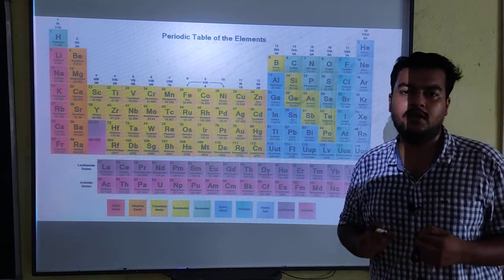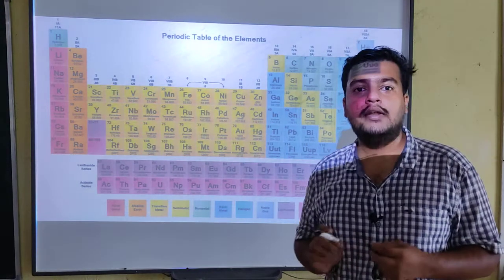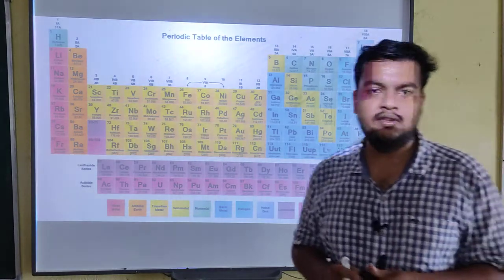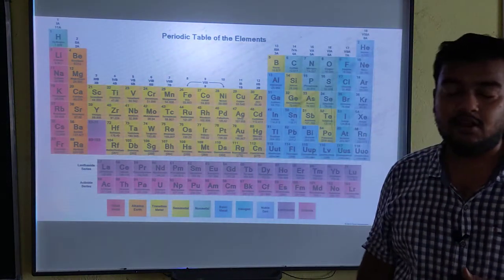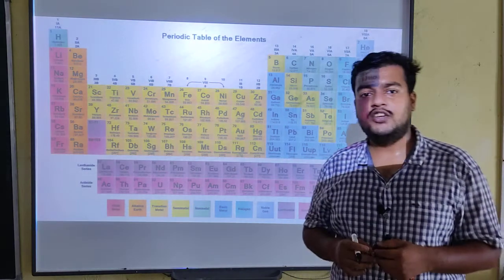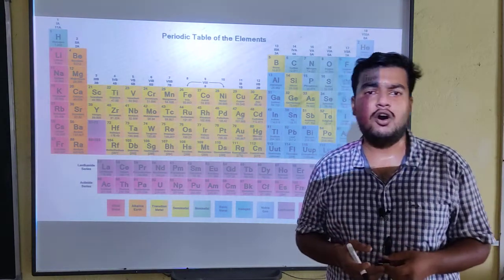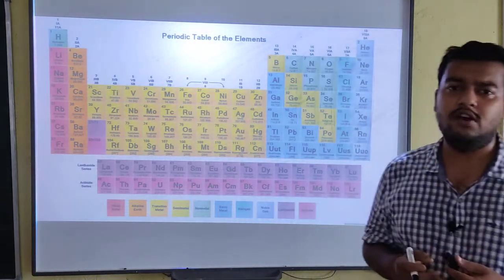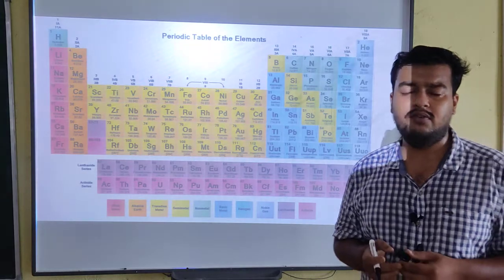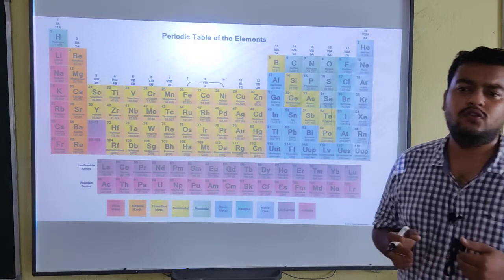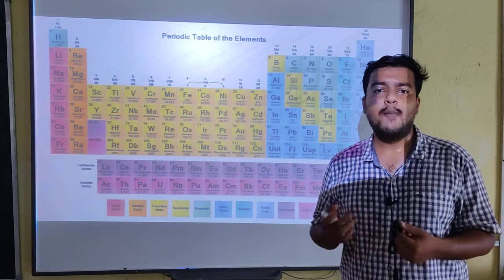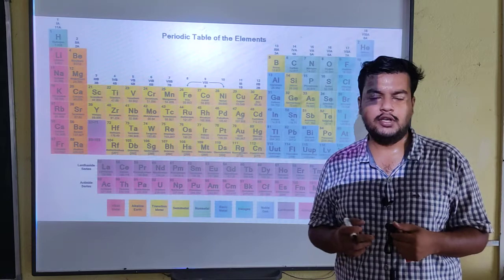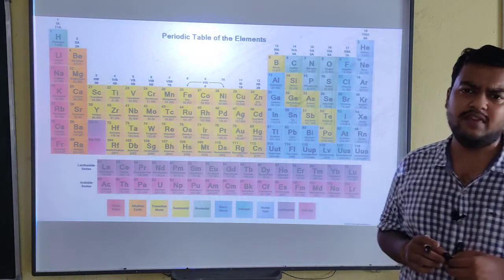Every chemical and physical property is derived from the electronic configuration of the element, because it determines the size of the ionic radius or atomic radius, its tendency to oxidize or reduce another atom, the total number of stable oxidation states it can have, the magnetic character, whether it is paramagnetic or diamagnetic, and many more things. So electronic configuration is very important.